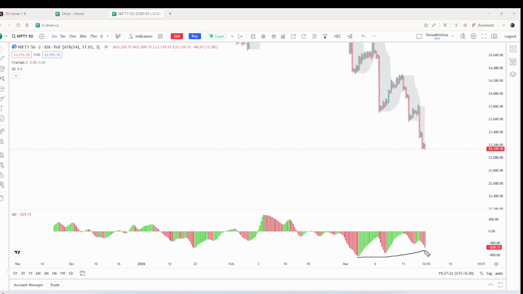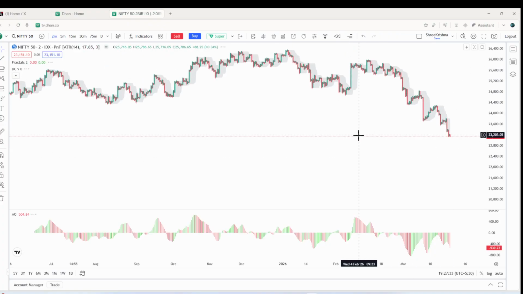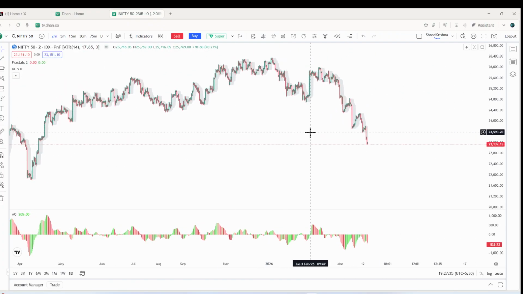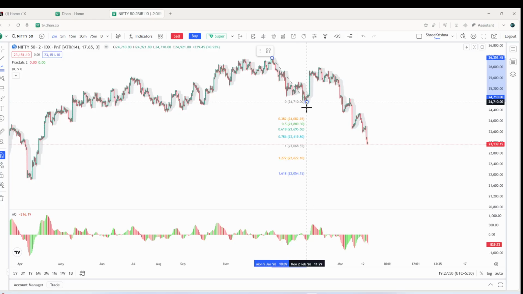There is a divergence in this. 17-point fixed range. So usually these divergences will play a part. So this is wave 1, this is wave 2, and this is wave 3, and we are looking for a wave 4.